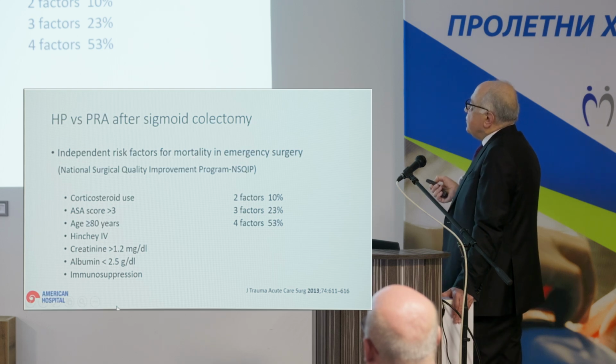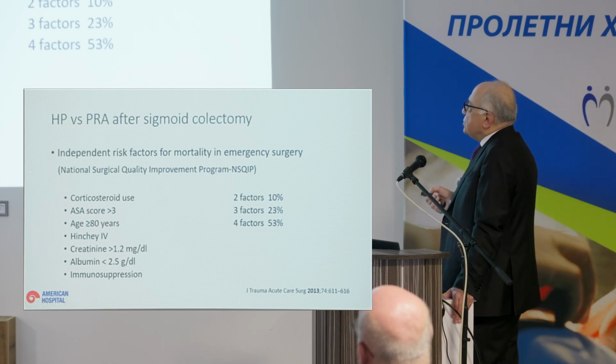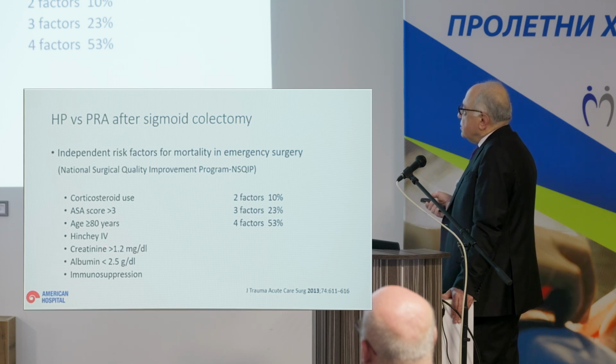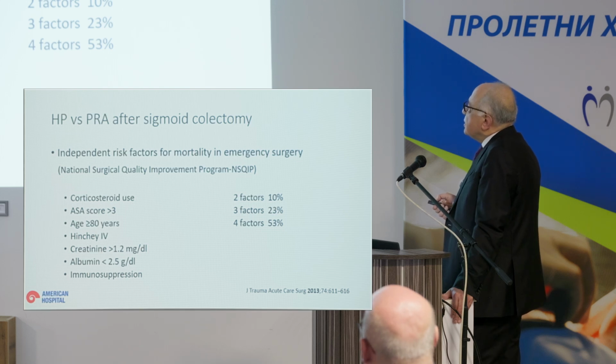The risk factors for mortality in emergency surgery are many. Corticosteroid use, ASA score more than 3, age more than 80 years, Hinchey 4, high creatinine level, low albumin level, and immunosuppression use are the risk factors for the patient.